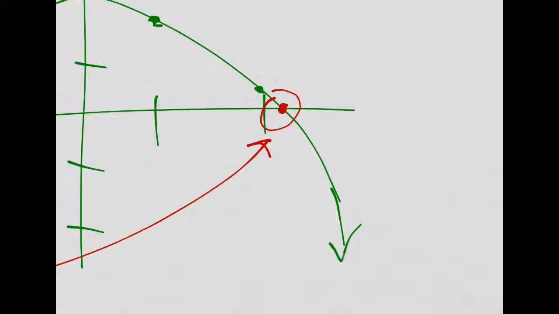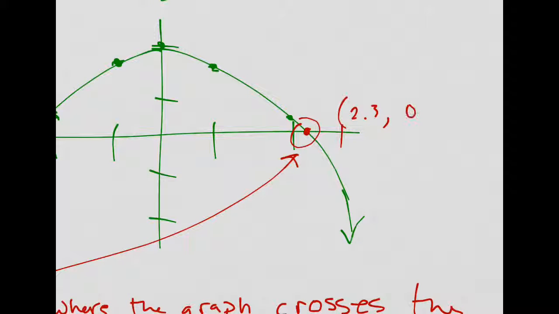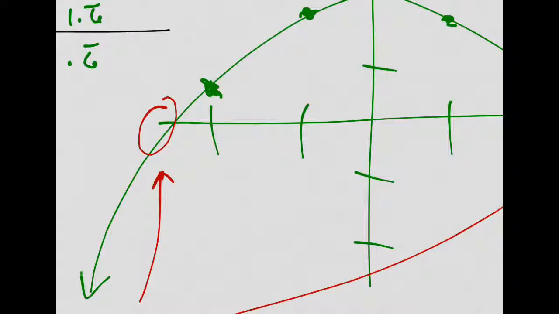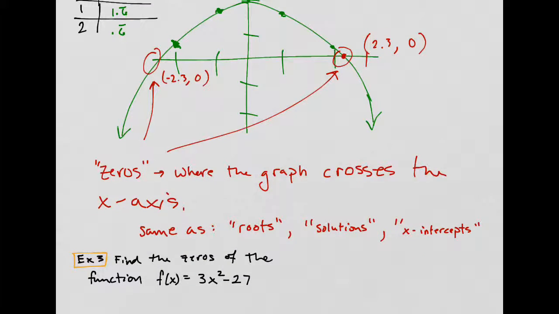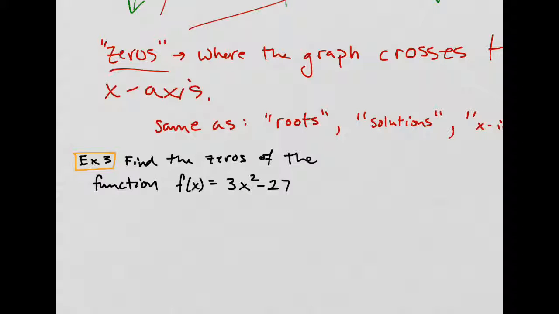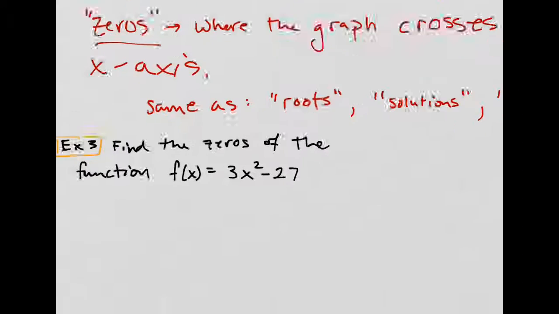The x coordinate here, maybe looks like 2.3, maybe. That's a guess. And then the y coordinate is always 0. Same with this. This would be like negative 2.3, and the y-coordinate would be 0. That's one of the reasons why they're called zeros.